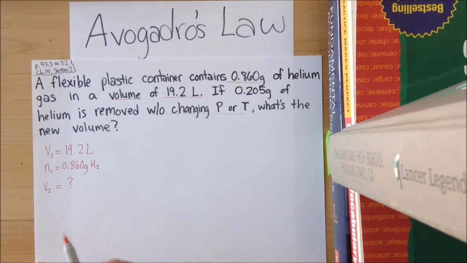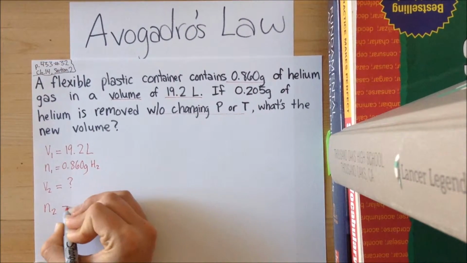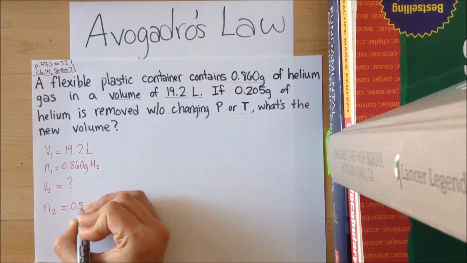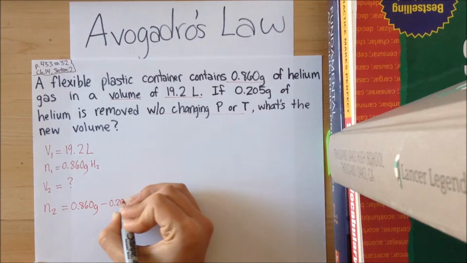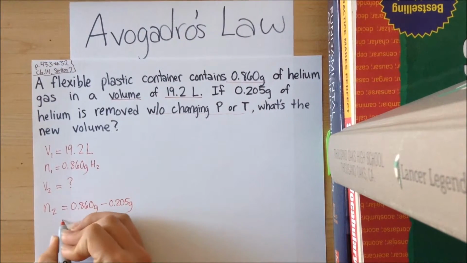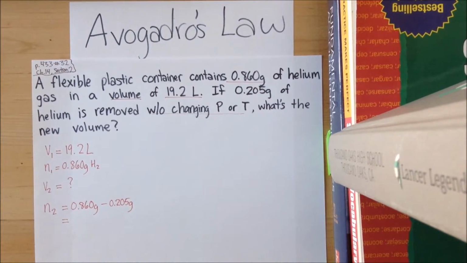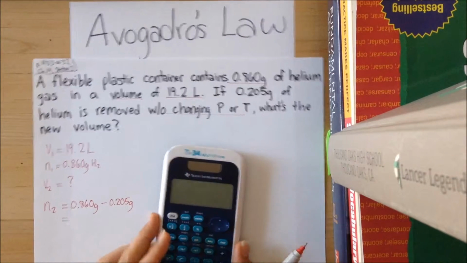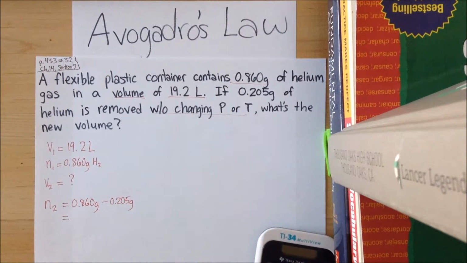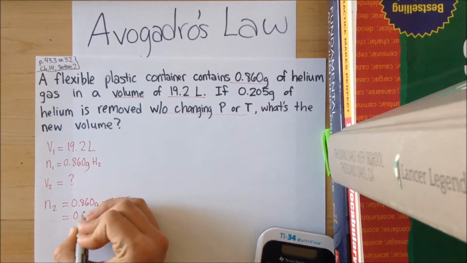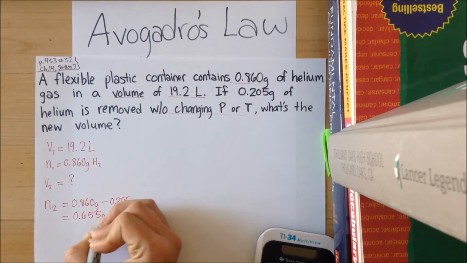So to find N2, it equals original minus amount removed, because they want the end result, not this number. If you plug that in, 0.86 minus 0.205, it's 0.655 grams is our N2.